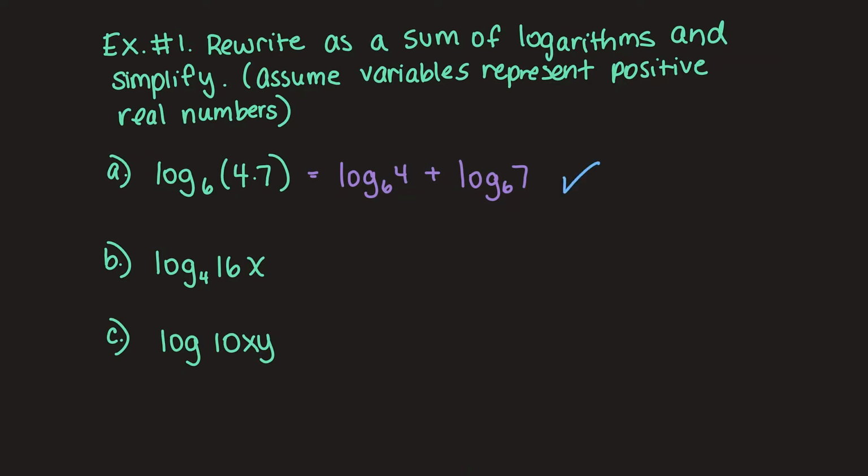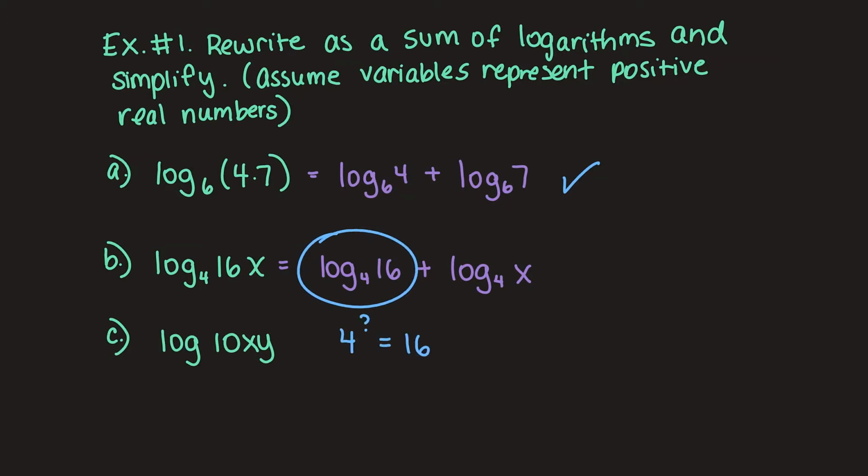To expand log base 4 of 16 times x, we can use the product rule to rewrite this as log base 4 of 16 plus log base 4 of x. And we can simplify log base 4 of 16 since we can raise 4 by a value to get 16. That value is 2.